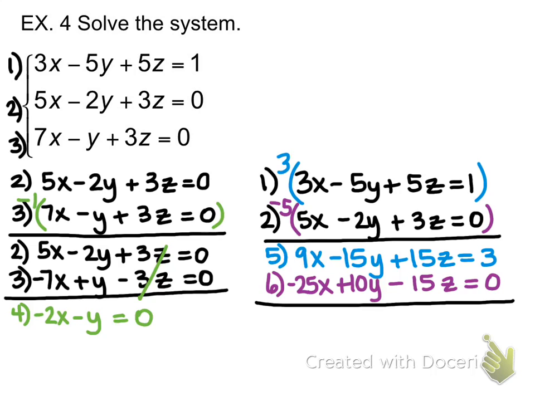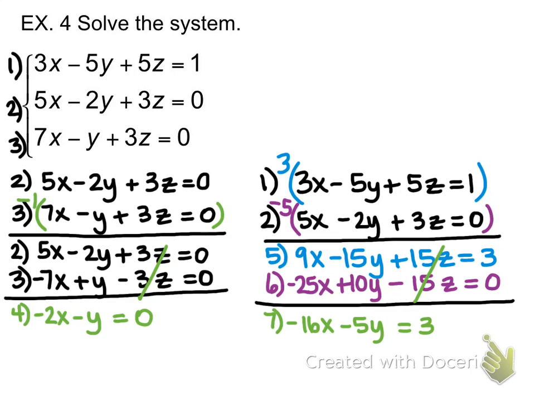Now I'm going to add these two equations together. This is equation 7. This gives me negative 16x minus 5y equals 3. Now my equations 4 and 7 both have x's and y's, so I want to put those together to see what I can cancel.